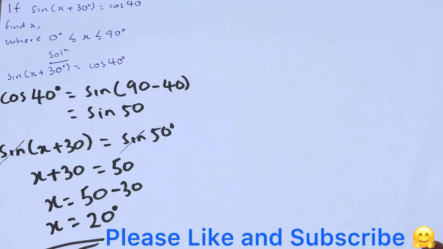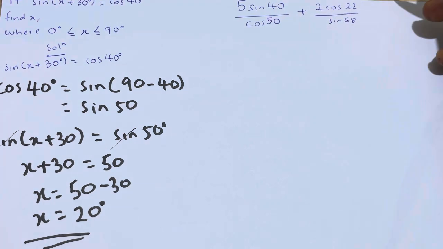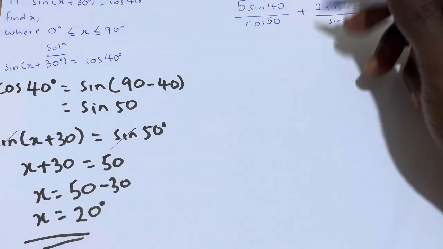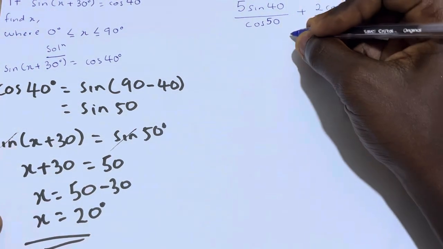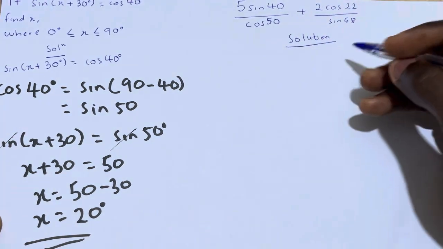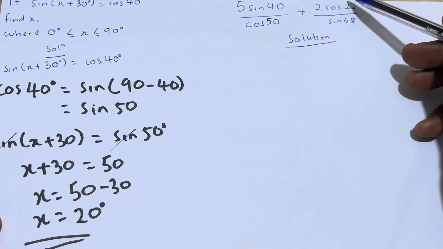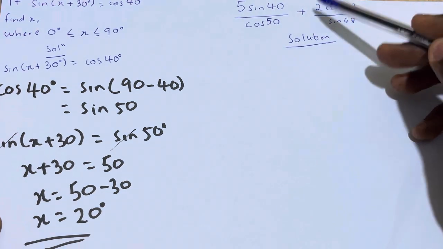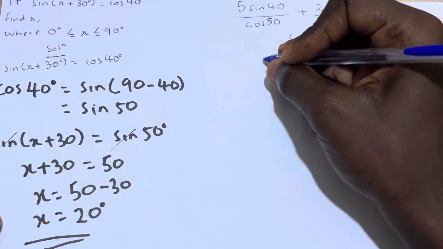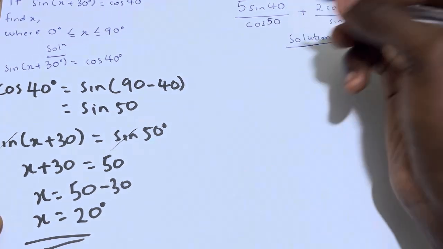Next example: we are told to solve for this without using calculators. We are to find the value of this. So we can write our solution here and say either we change this cos to sine, or this sine to cos, or we can make everything the same. So we are changing the cos 50 to sine.